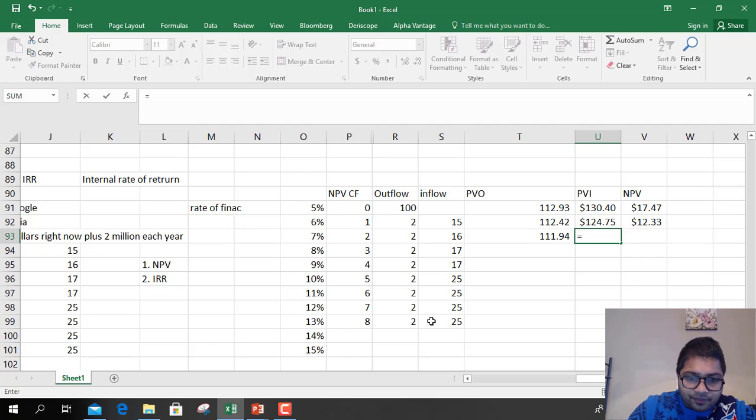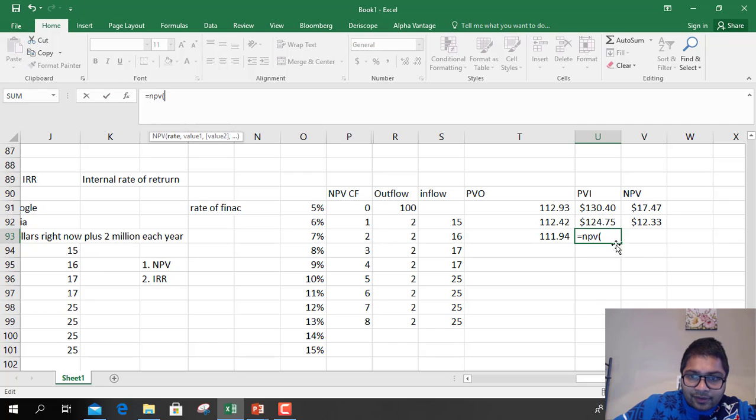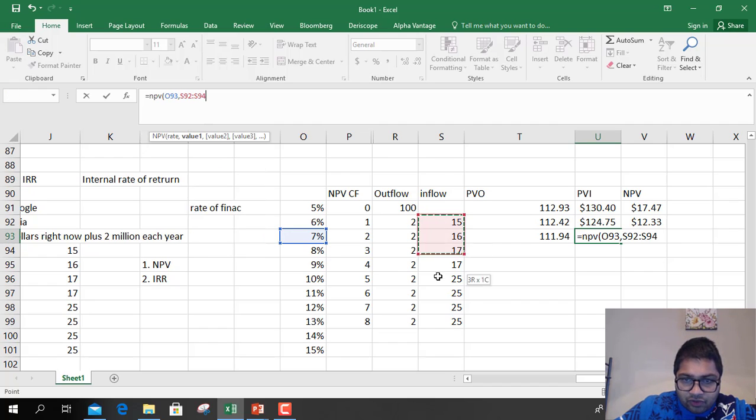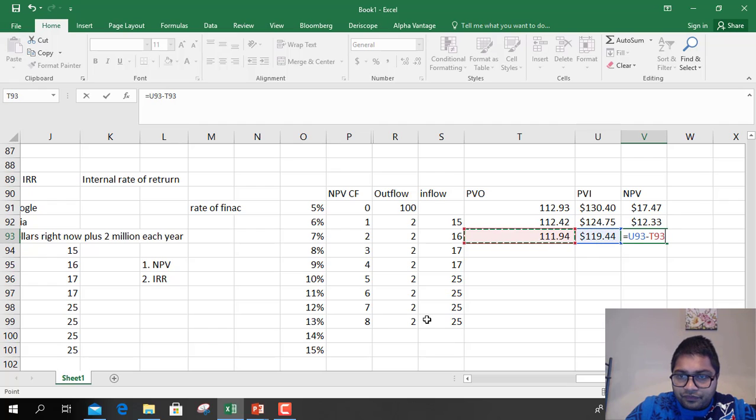For inflow it is NPV, rate 7%, comma, all inflows. So inflow minus outflow.